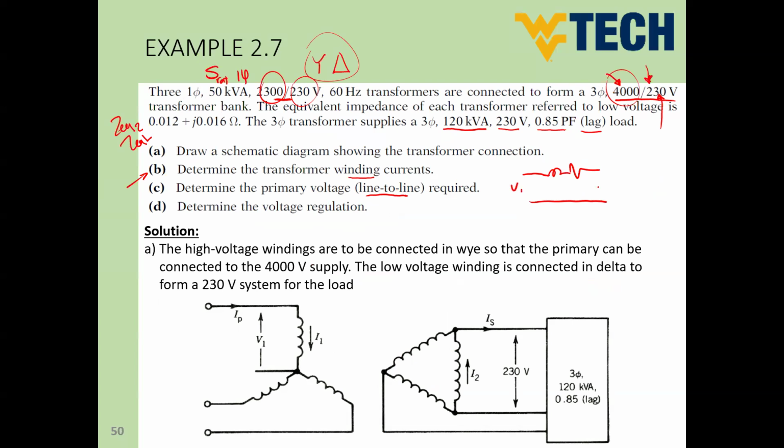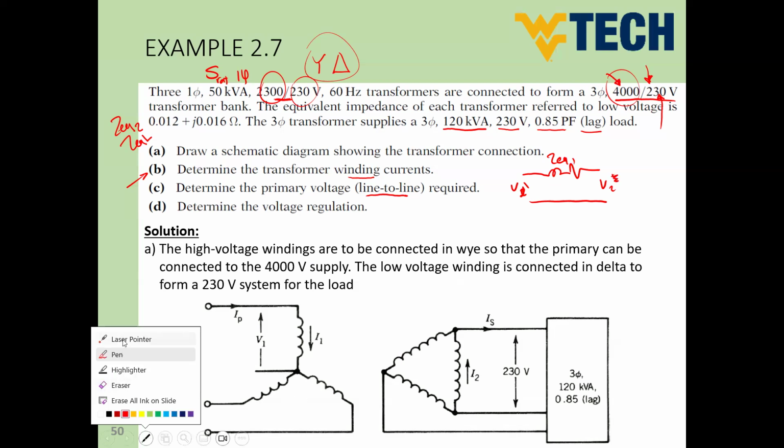So if this is V1, this is V2 prime, and this is the Z equivalent, referred to the primary side for instance. Or if you would like to get it from the other side, because the impedance here is referred to the low voltage side, we can say V1 prime, and this is V2 without prime. Let me correct that here.